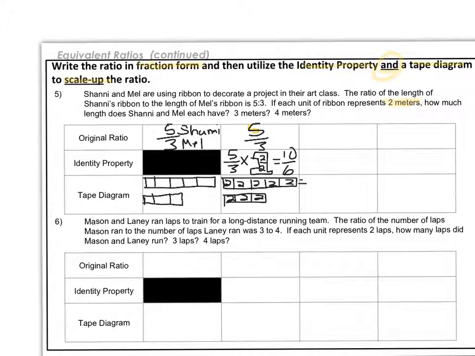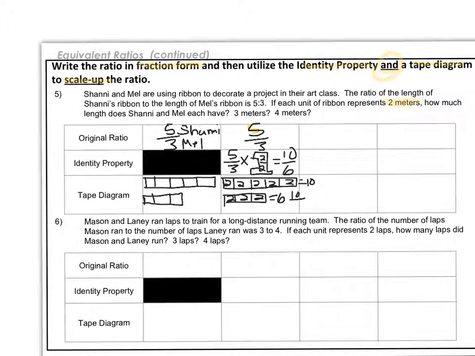Okay, there are 5 2's in that first tape diagram, so 2 times 5 is 10. And in that second one, there are 3 2's, so 2 times 3 is 6. So it's 10 over 6, just like how we see it in the identity property.